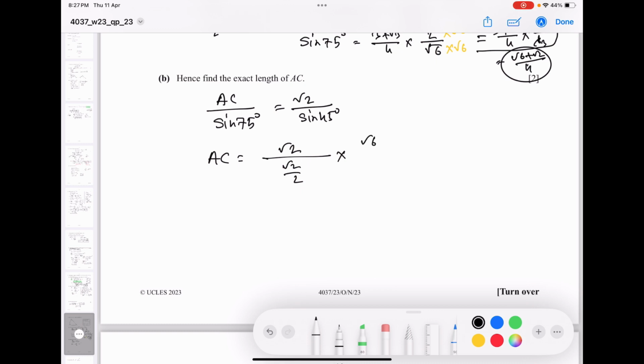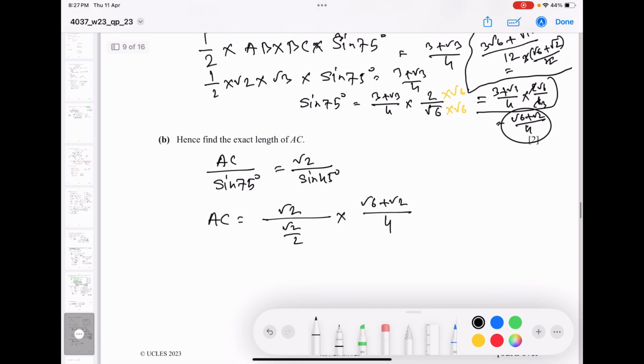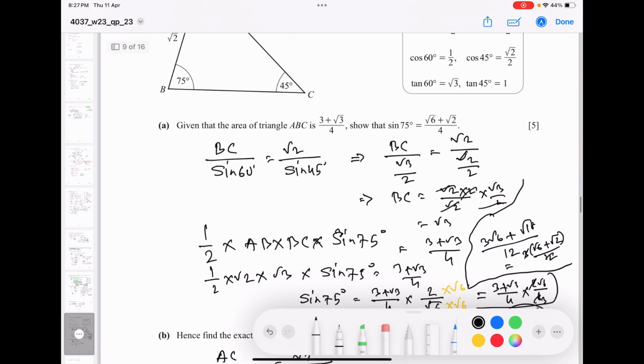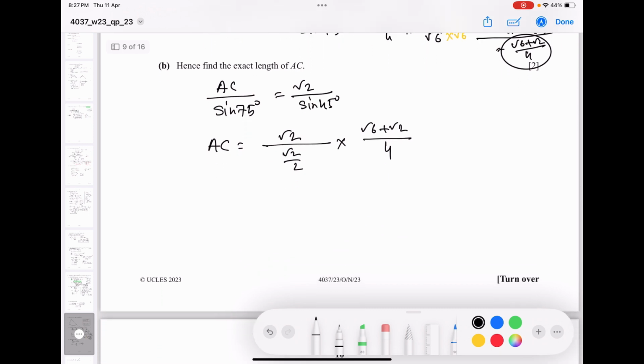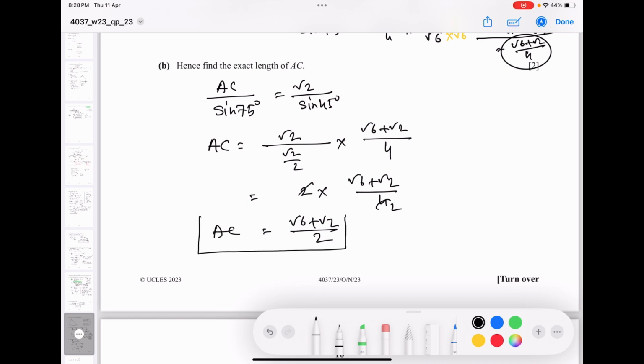Sine 75 is root 6 plus root 2 divided by 4. Then flip that, so it is becoming 2 into root 6 plus root 2 divided by 4, cancel, so AC is becoming root 6 plus root 2 divided by 2. So this is the length of AC and its marks is 2. Great.